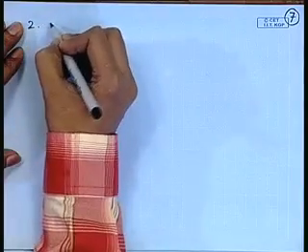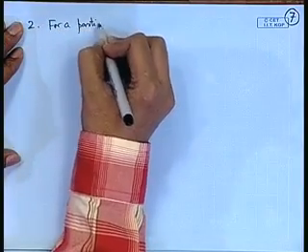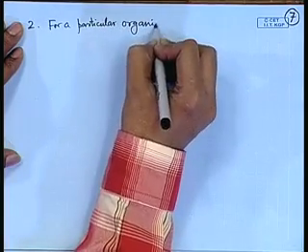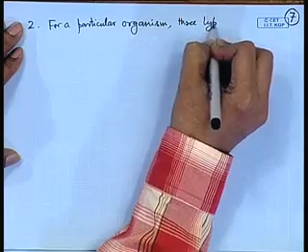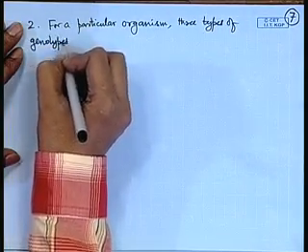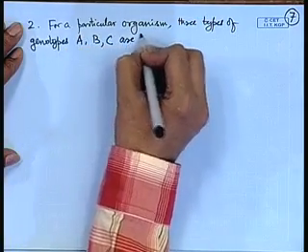Let us take another example for a particular organism. Three types of genotypes A, B and C are possible.